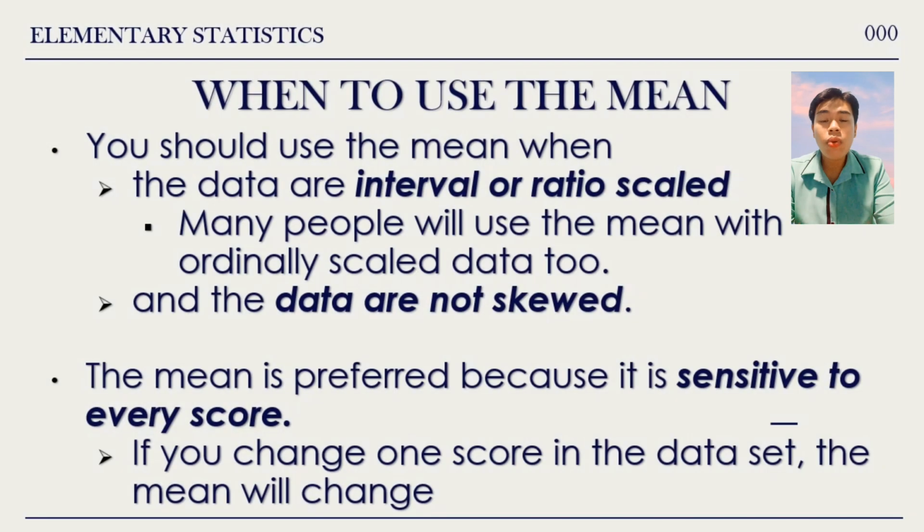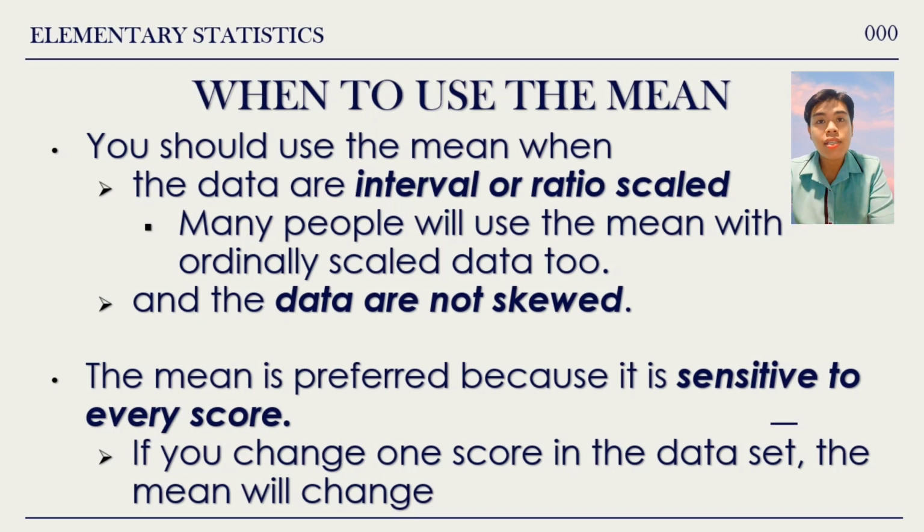Now, when do we use mean? You should use mean when the data are interval or ratio scaled. Many people will use the mean with ordinally scaled data too. And most importantly, the data are not skewed. The mean is widely preferred because it is sensitive to every score. Meaning to say, if you change one score in the dataset, the mean will change.